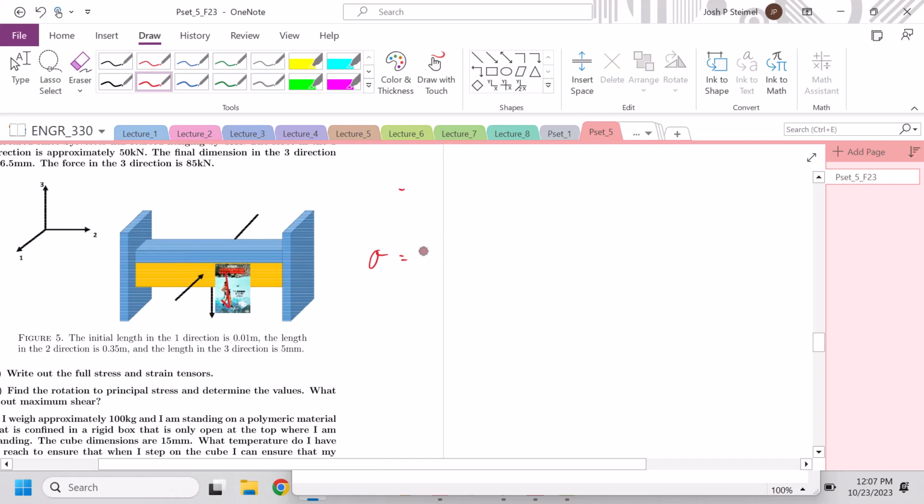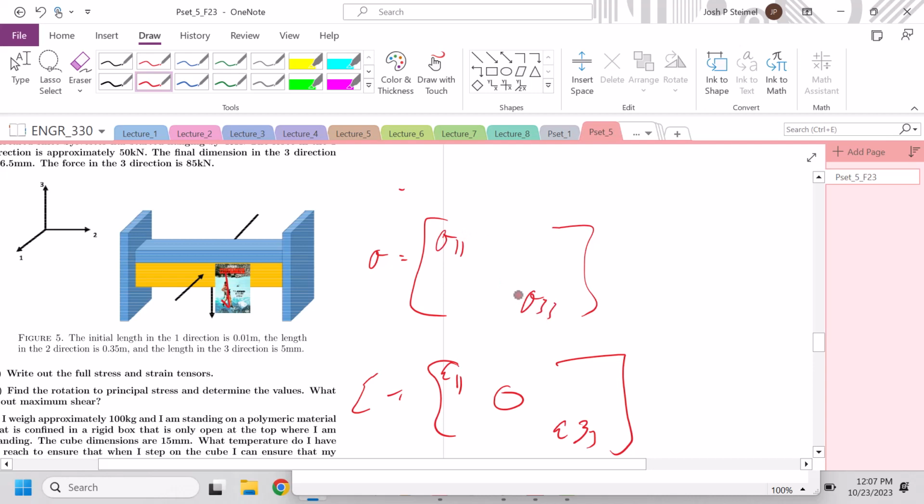We're going to have to take into account our thermal strain too. Looking at the system, there is going to be a strain in the 3-3 because we're pulling it, it's going to extend there. There will be no strain in the 2-2 because we're constrained there. There will be strain in the 1-1 for sure. There's also going to be stress in the 1-1, stress in the 3-3, and stress in the 2-2 because we have that constraint.